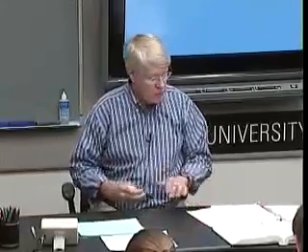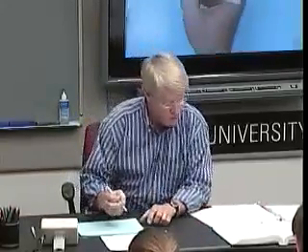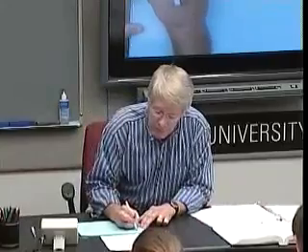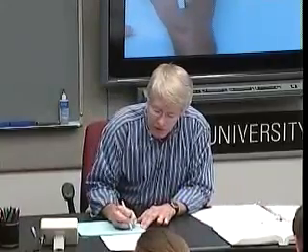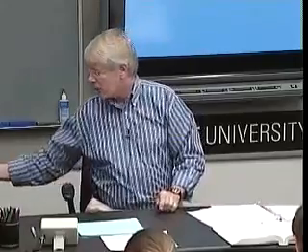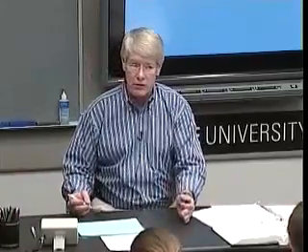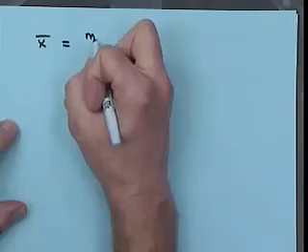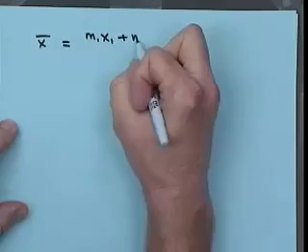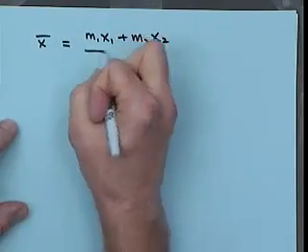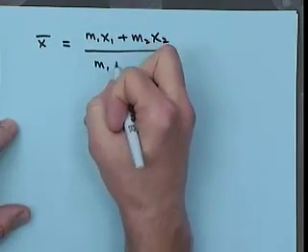So what if, well, let me write that down a little bit differently. Let's suppose that we want x bar, which we want the product of the masses times their location. We want the sum of all those things. That was the numerator. Let me write that down in a little different form.